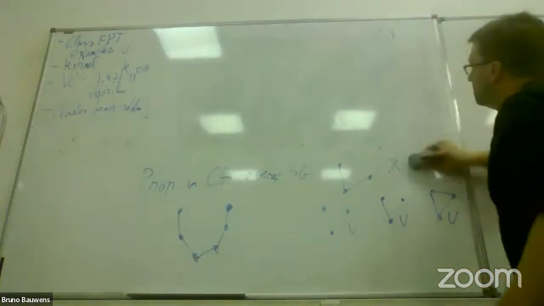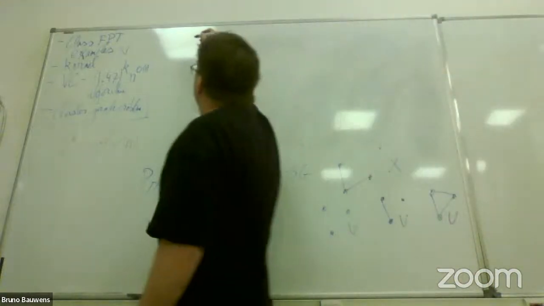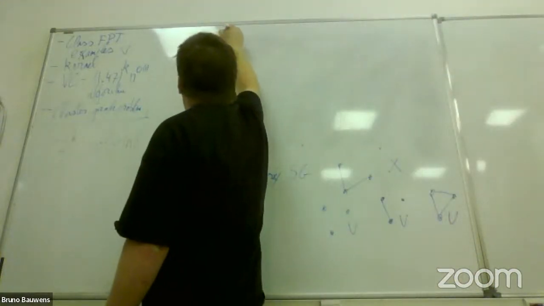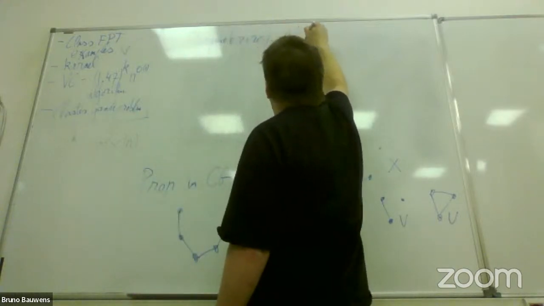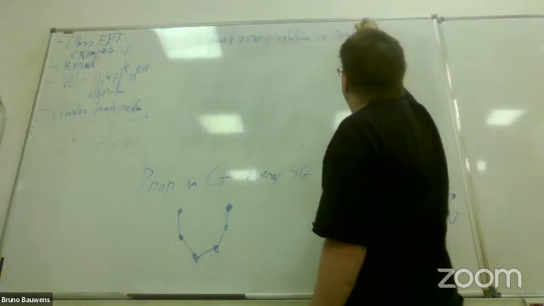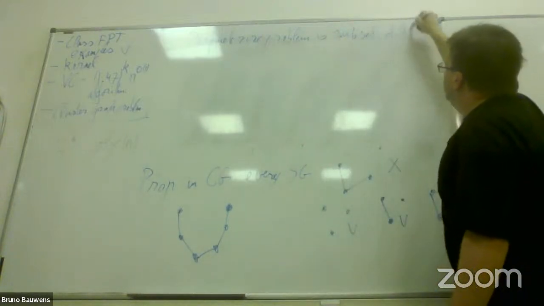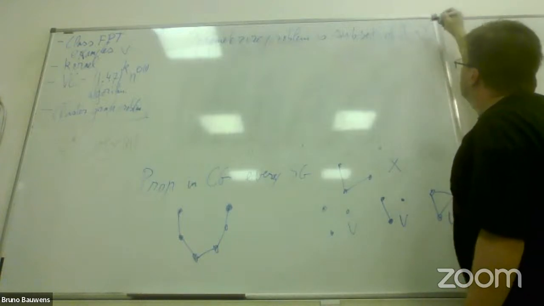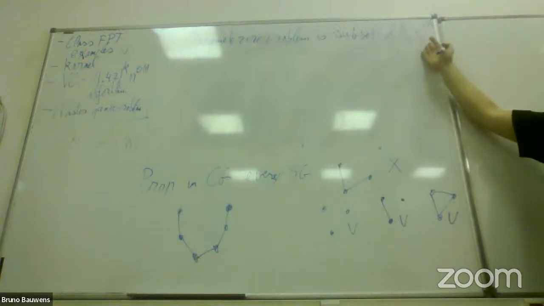So a parameterized problem is a subset of N times sigma star. We have alphabet sigma.